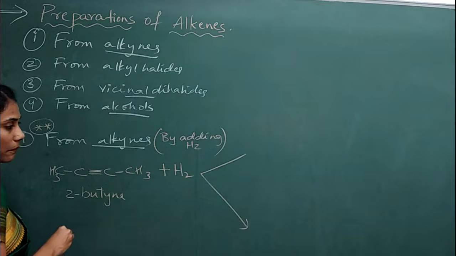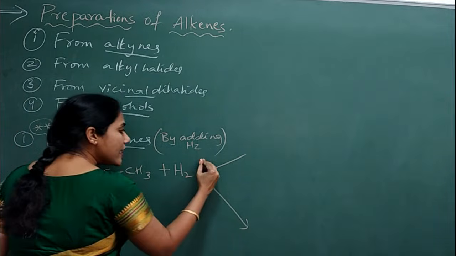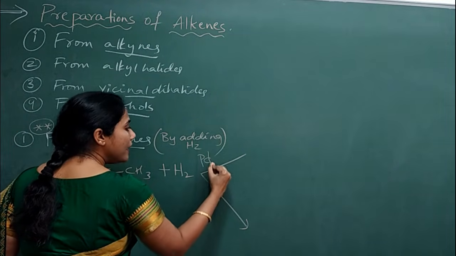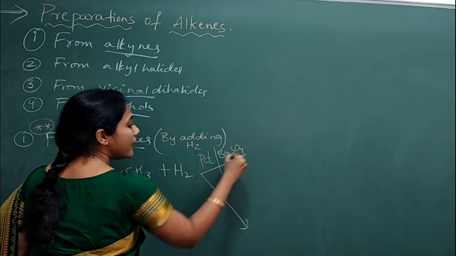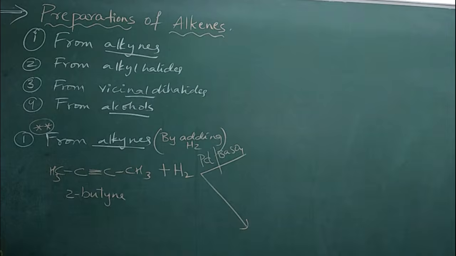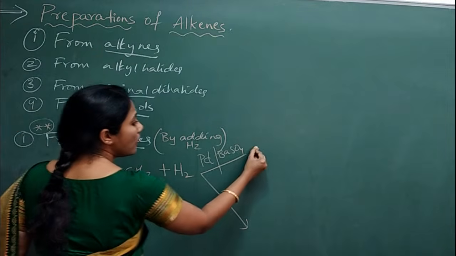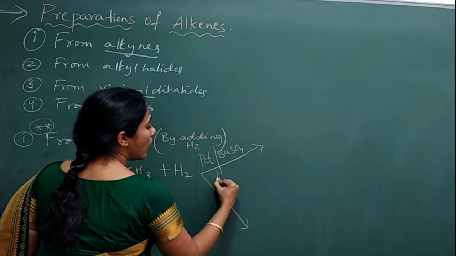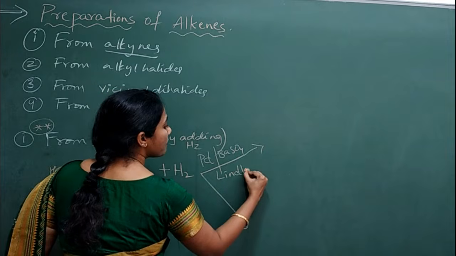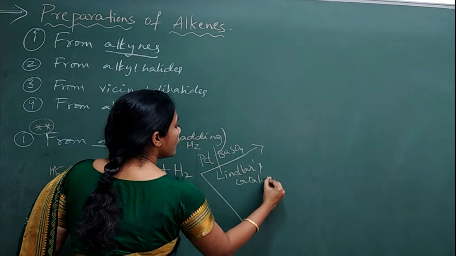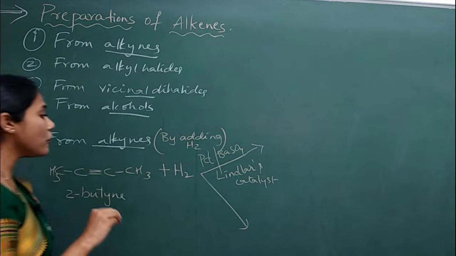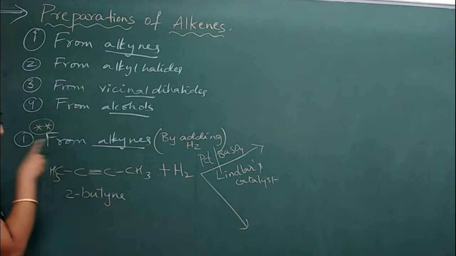This is really very important. If I use a catalyst, palladium over barium sulfate, this is called Lindlar's catalyst. So when we take this catalyst, we actually get cis alkene.